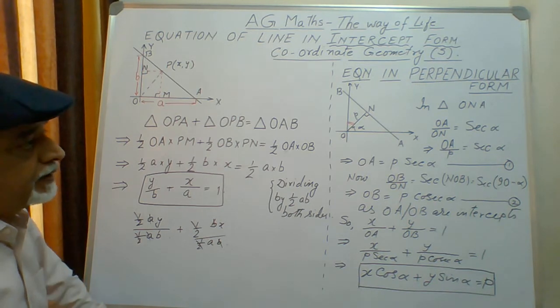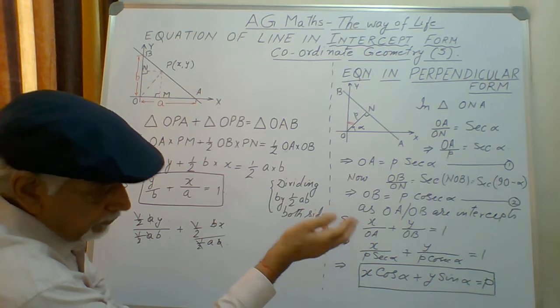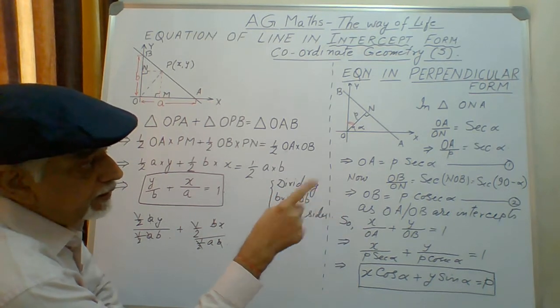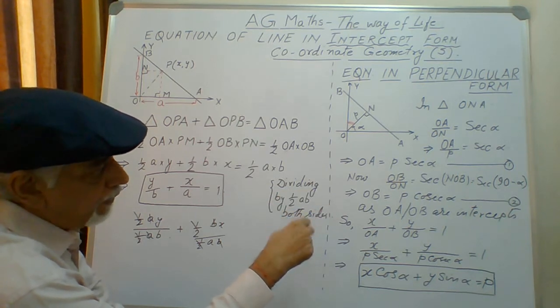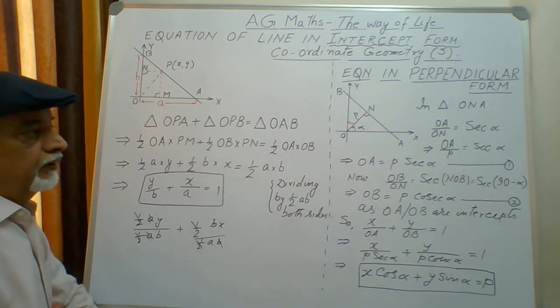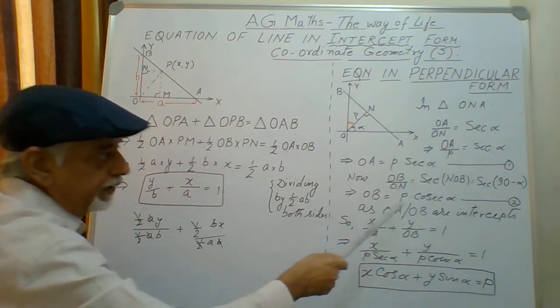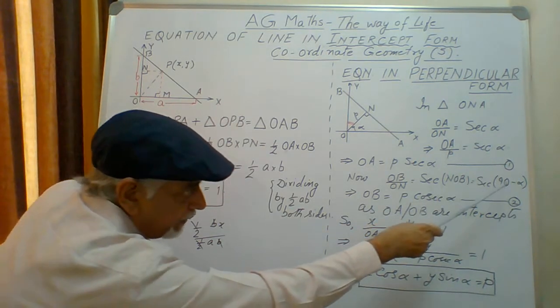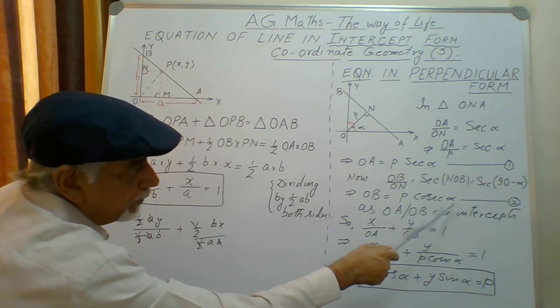And we know for 90 minus alpha, the trigonometrical ratio gets reciprocal. So sec will become cosec. Now from this relation I can write OB is equal to ON multiplied with sec of 90 minus alpha, and sec of 90 minus alpha is cosec of alpha.